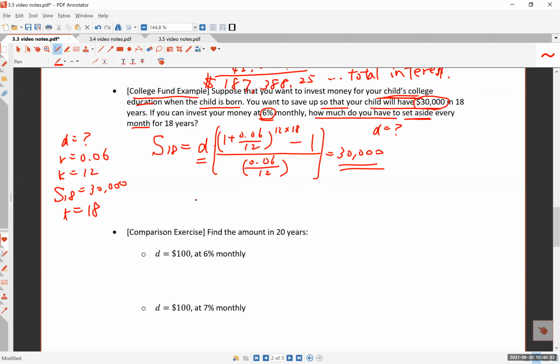Well, you can say this is 1.005 raised to 12 times 18, minus 1, all divided by 0.005, right? You want D times this to be 30,000. And so I can go ahead and calculate this part.